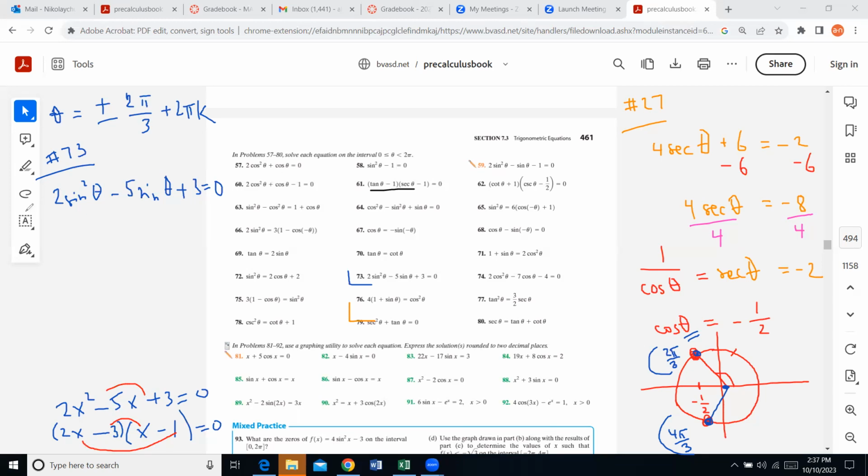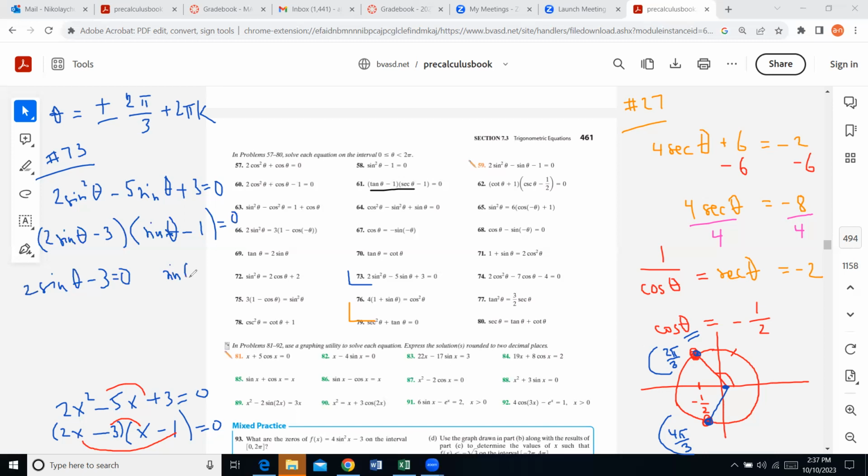And this way I can actually put this in 2 parentheses. So it'll be 2x, but now instead of x, we have sine. So it'll be 2 sine minus 3. And the other factor will be sine theta minus 1. So you have a product of 2 factors equal to 0, which is possible only when each of those factors is 0, not either one or the other.